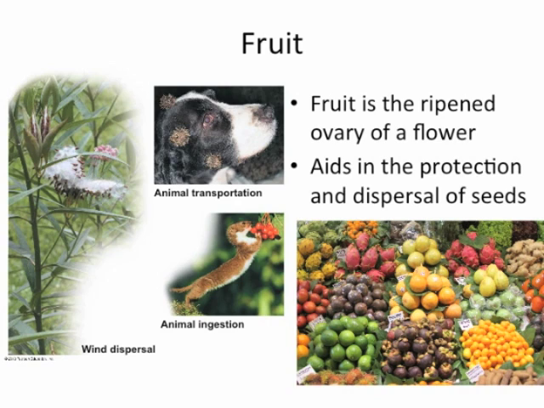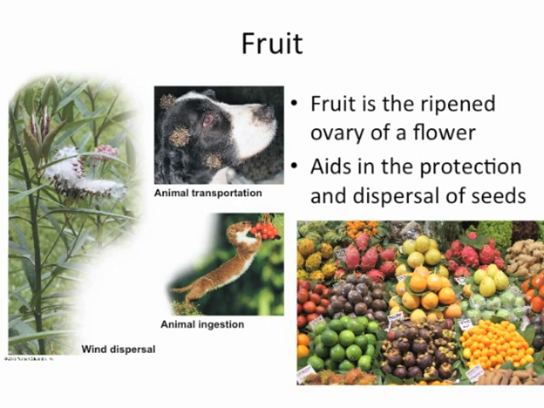So just to finish this up, fruit is a ripened ovary of a flower, and it aids in protection and dispersal of seeds. There is wind dispersal, so things like cotton will have these fibery bits that come off the seed that allow it to disperse, and that's what we harvest and spin into cotton.